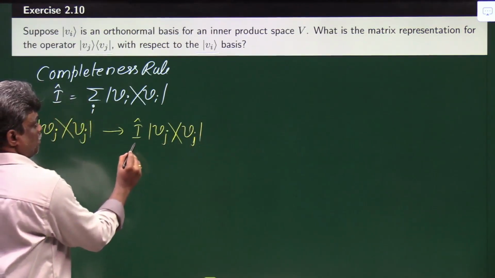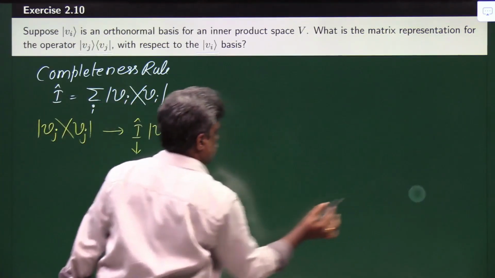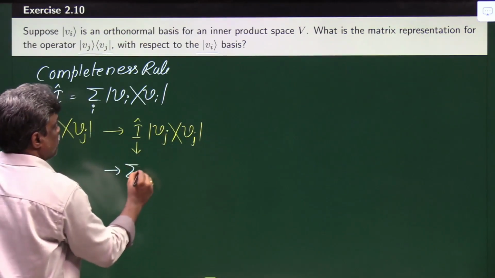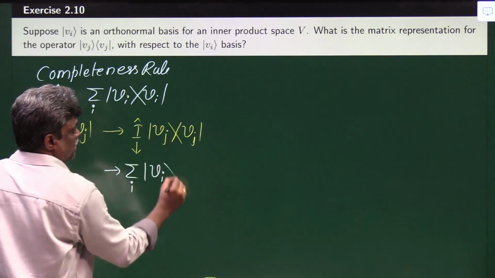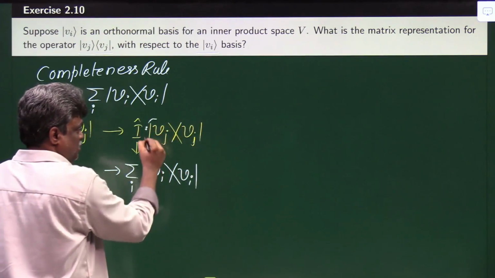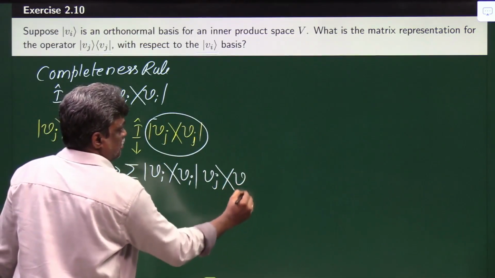Now I'm going to replace this I with this completeness rule, which is summation over i, this is the outer product Vi, and the rest of the things as it is. Just write this as it is. Don't get tension, as it is.